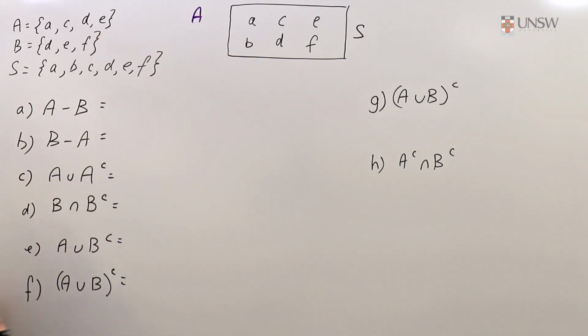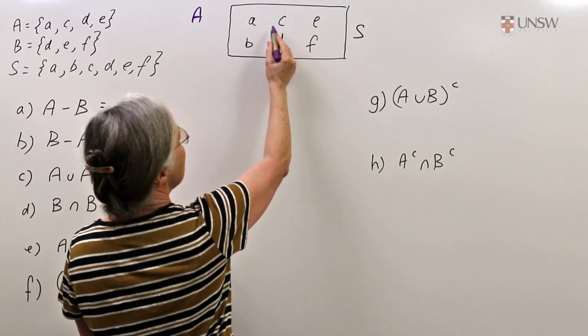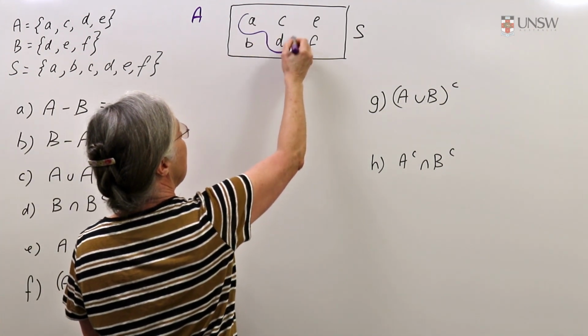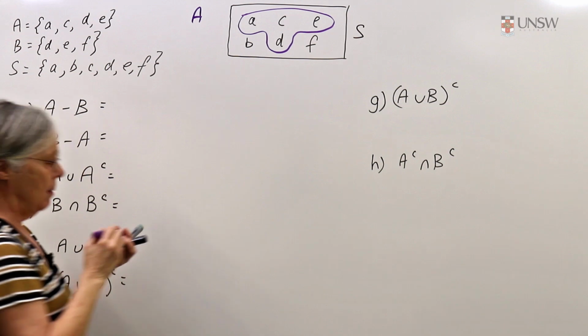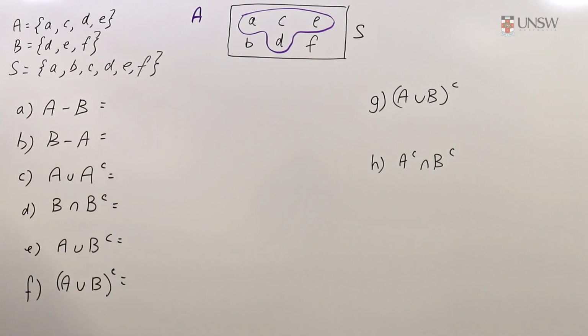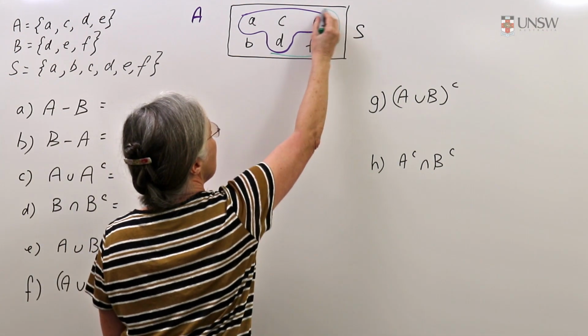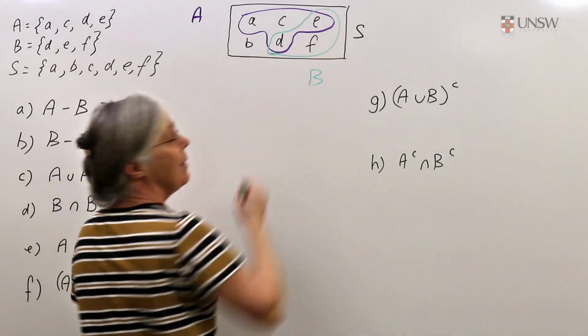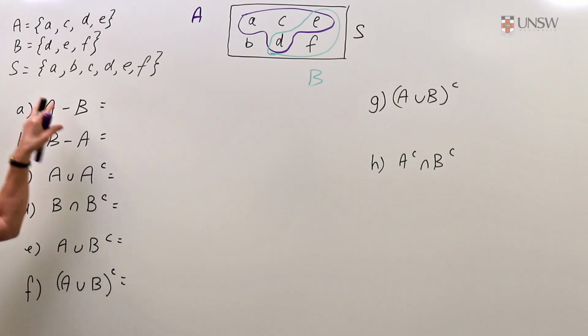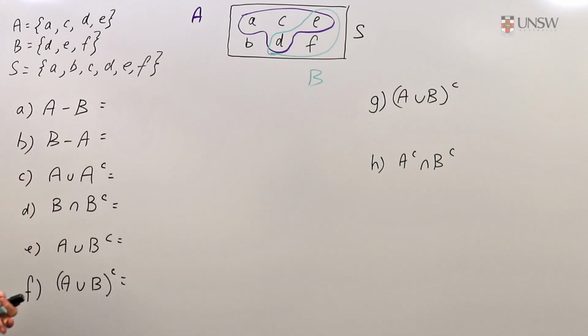So A is A, C, D and E. There we have A. And B I'll mark in green so we can see it, D, E and F. There we have B. So most of the things you want to do we could do from the Venn diagram or algebraically. So let's start.